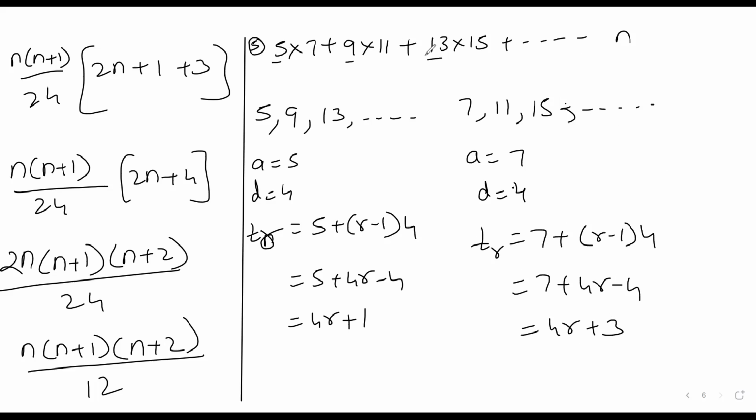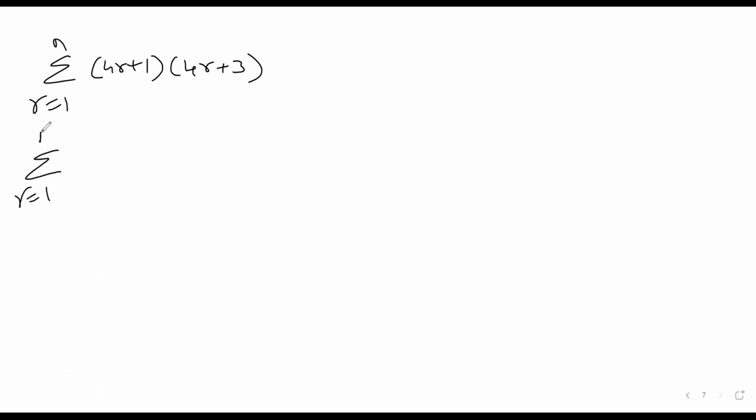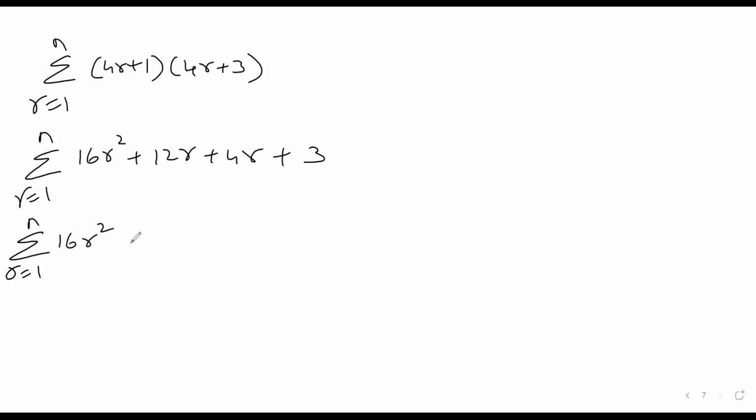So actually this sequence is nothing but summation r runs from 1 to n, 4r plus 1 and 4r plus 3. Summation r runs from 1 to n. It is 16r square plus 12r plus 4r plus 3. This is summation r runs from 1 to n, 16r square plus 16r plus 3.